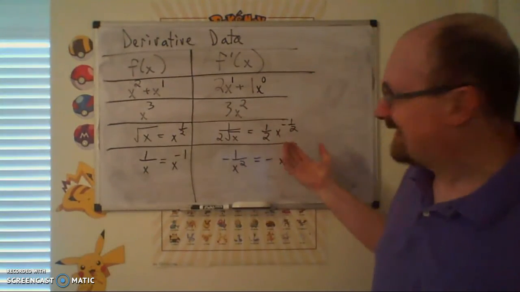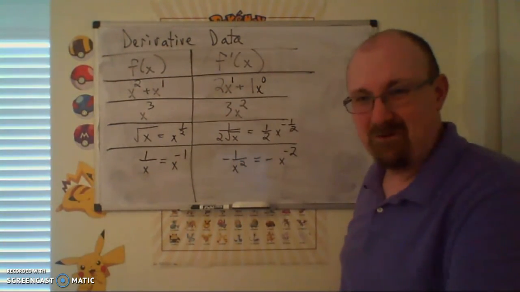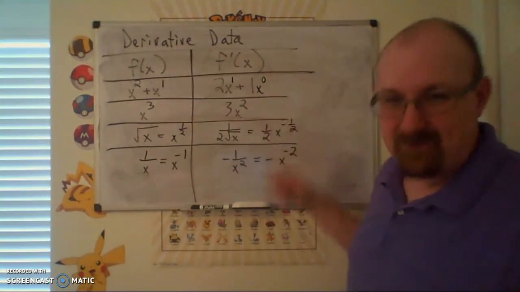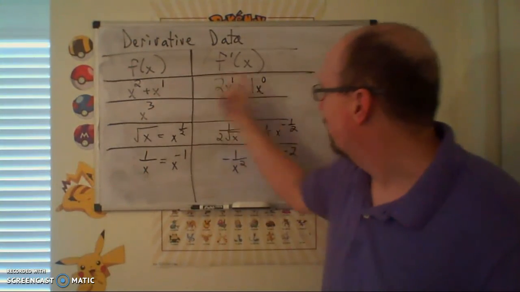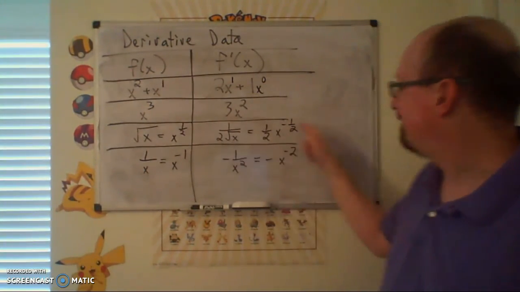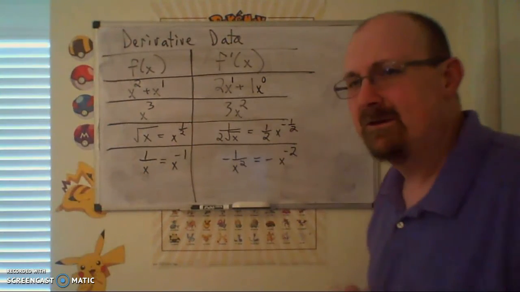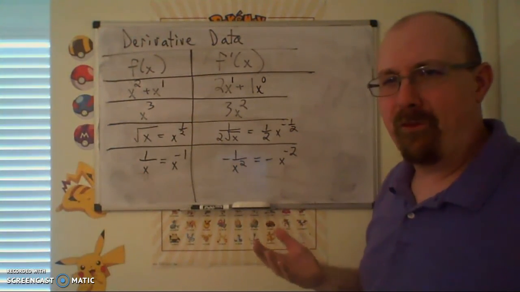In all of these cases, we've taken our exponent, it's kind of become like a coefficient out in front of these things. And then our exponent, after we had done this derivative calculation, dropped by 1. 2 to 1, 1 to 0, 3 to 2, 1/2 to negative 1/2, negative 1 to negative 2. It decreased again. So that's kind of food for thought.